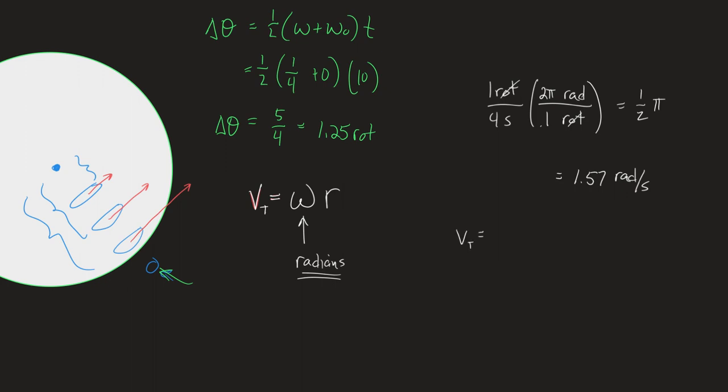The tangential velocity will simply be 1.57 times either 1 meter, 2 meters, or 3 meters, depending on which person you're talking about. Good so far? Going to add to this. So this will be 1.57 meters per second. This is going to be 3.14 meters per second. And 4.71 meters per second.